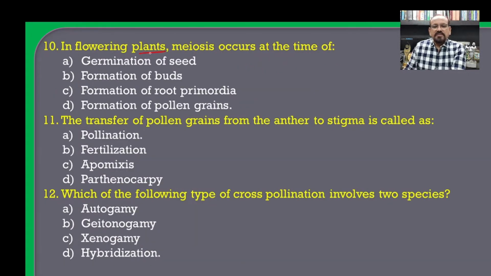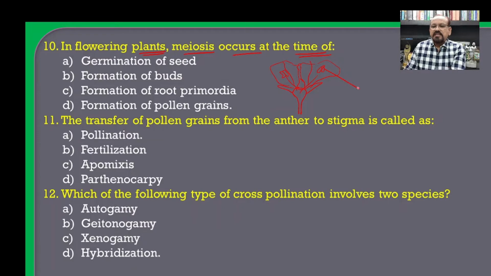In flowering plants, meiosis occurs at the time of... we know that in the flower there are different floral whorls, that is the calyx, corolla, androecium and gynoecium. The androecium and the gynoecium, which are the essential whorls of the flower, are involved in sexual reproduction as per the definition of the flower.